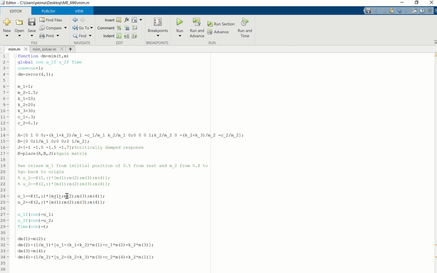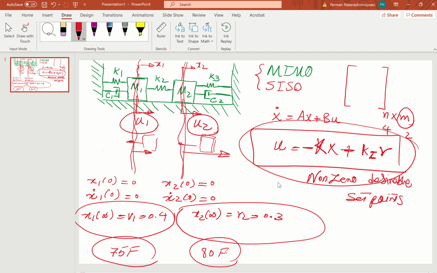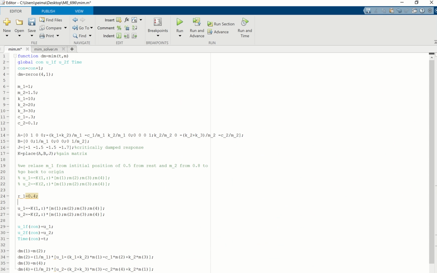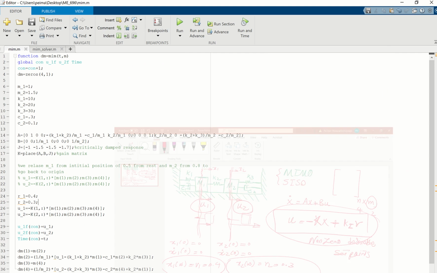So now you have to modify your u based on the new form, minus Kx plus K1. Now you have to define your R's. R1, the desirable value that you want to follow, is 0.4, and R2 is 0.3.